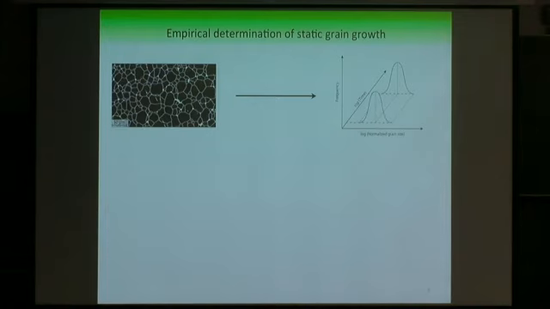So what is usually done in experiments is that we use a sample that has an initial grain size distribution. We anneal this sample, so we make the grains grow. Then we get the sample out, we measure the grain size, we check that the distribution is, of course, unimodal.